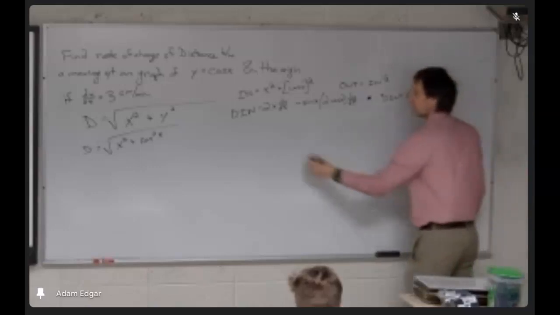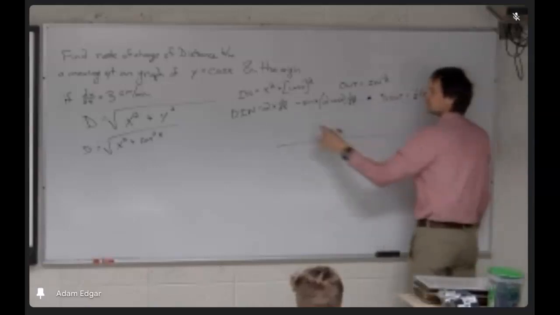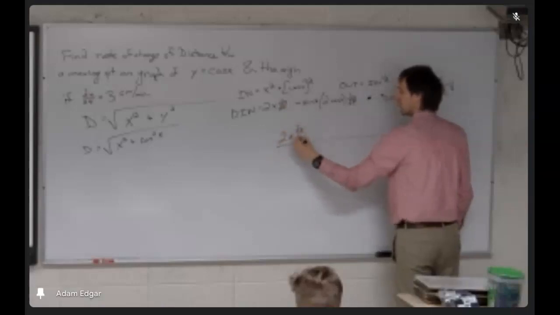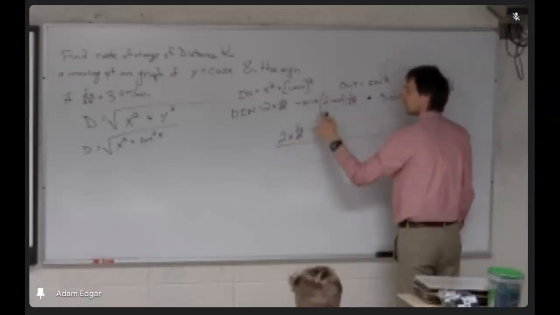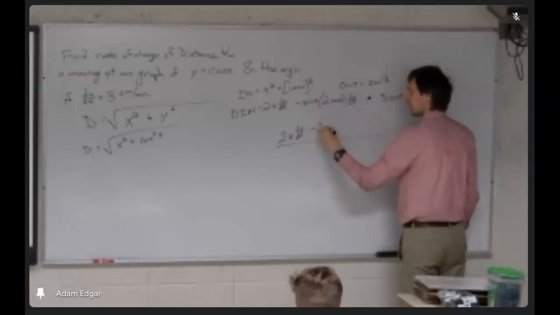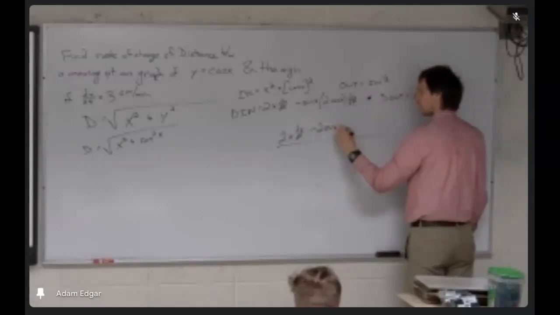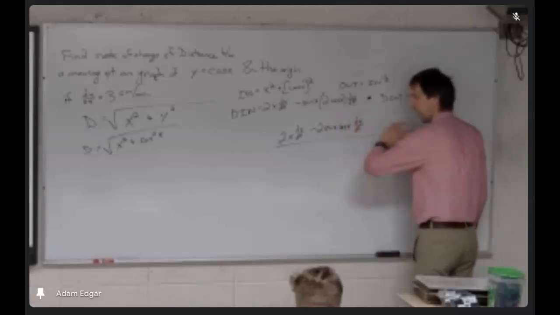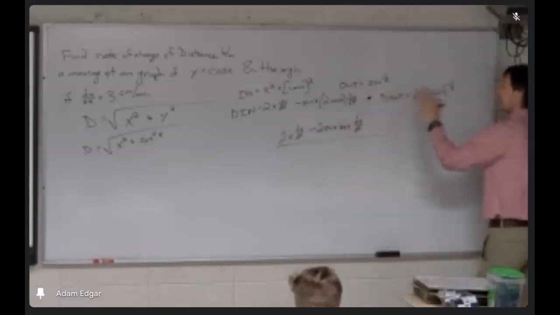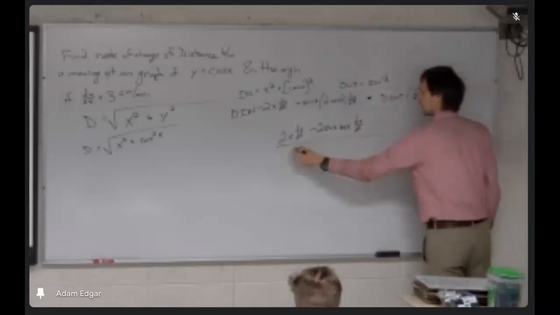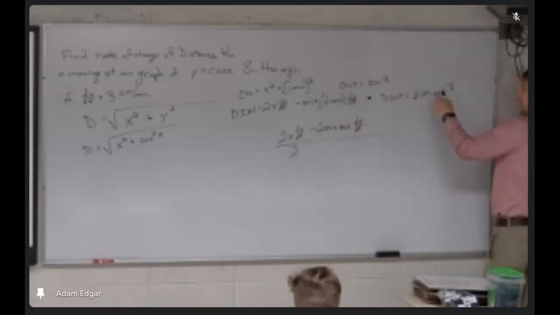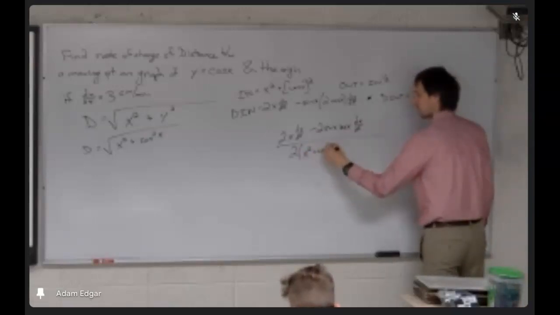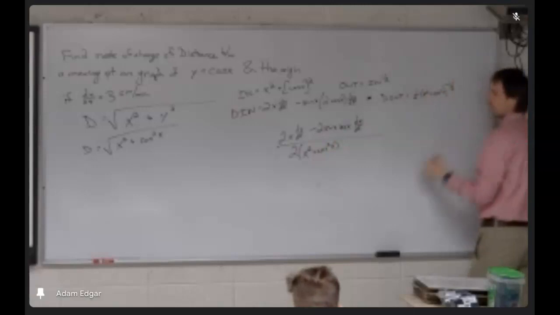So we would have 2x dx dt minus 2 sine x cosine x dx dt. That's your numerator. Times this thing gives you a 2 in the denominator from the 1/2, and the x squared plus cosine squared goes downstairs to make the exponent there into a positive 1/2.